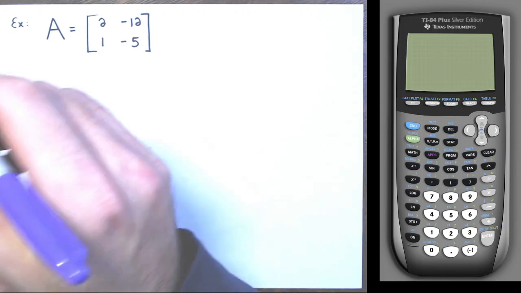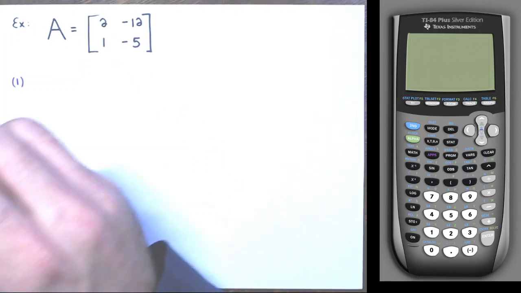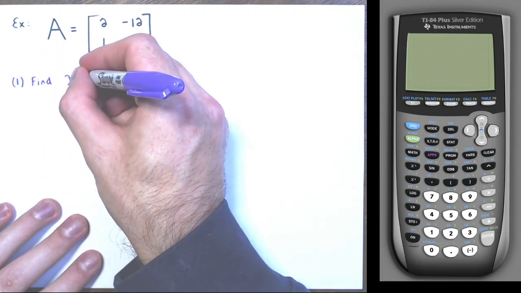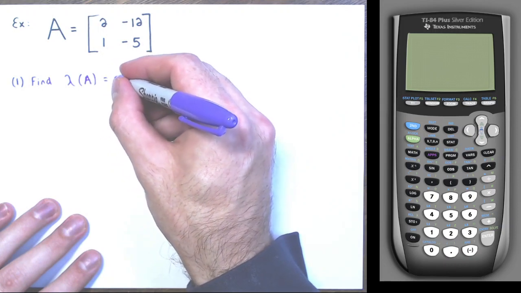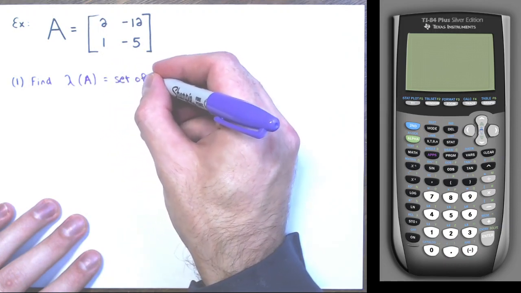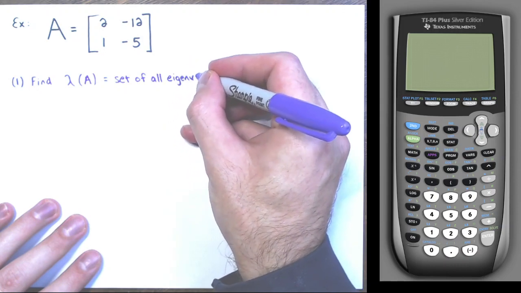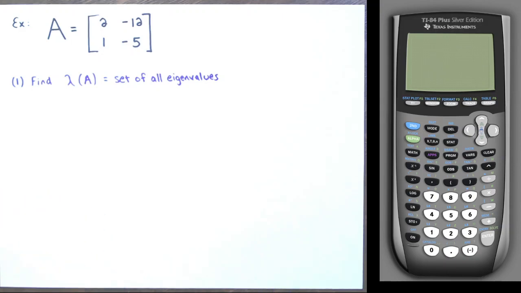First, I'm going to find the spectrum of A. Remember, that was this lambda of A, the set of all the eigenvalues. So just find all the eigenvalues.